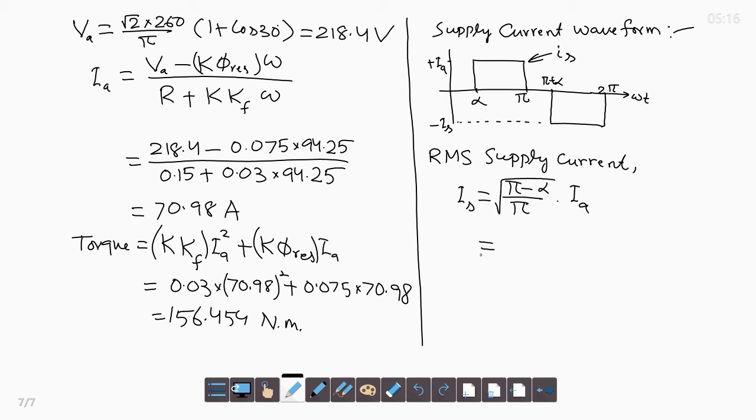So, it is 150, alpha is 30 degree, it is given. So, 150 divided by 180 root over into Ia is, let us write Ia. So, it is root over of 5 by 6, Ia is 70.98 ampere.